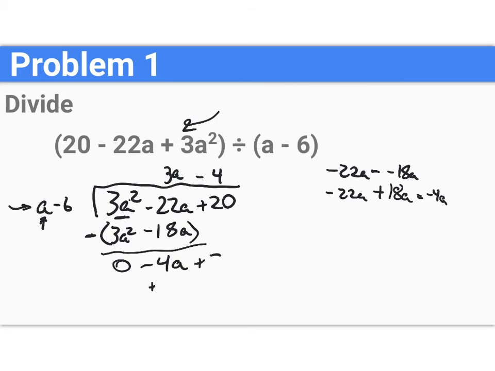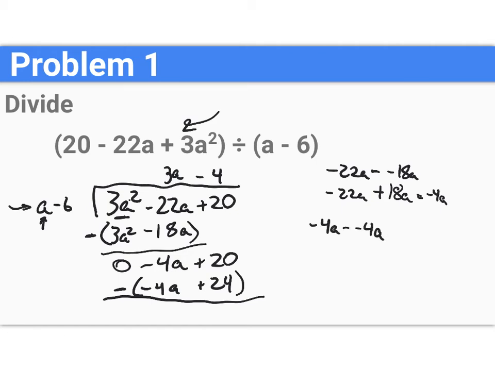Oh, wait. I'm sorry. I forgot to bring down the 20. And then negative 4 times a becomes negative 4a. But because this is division or subtracting, which means all our signs change, negative 4a minus a negative 4a.